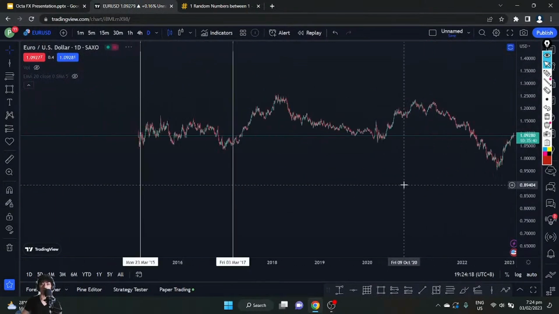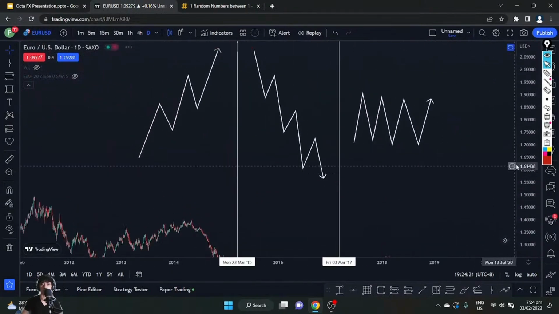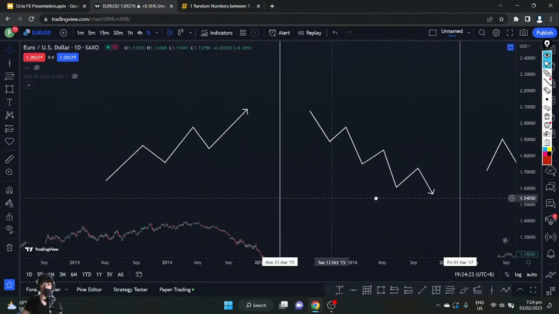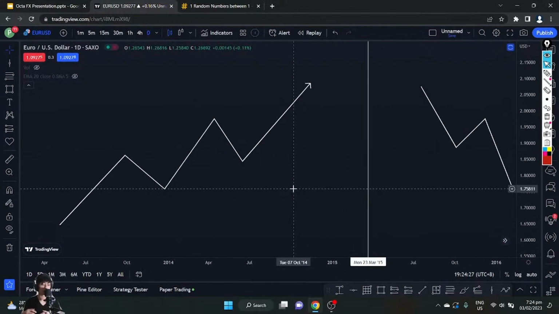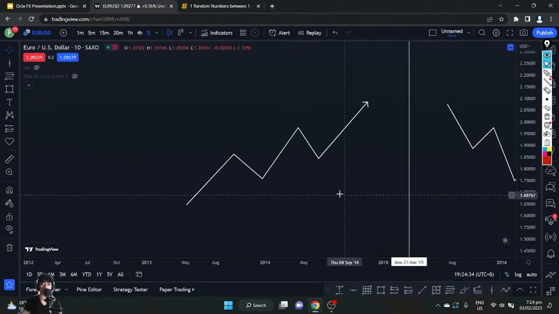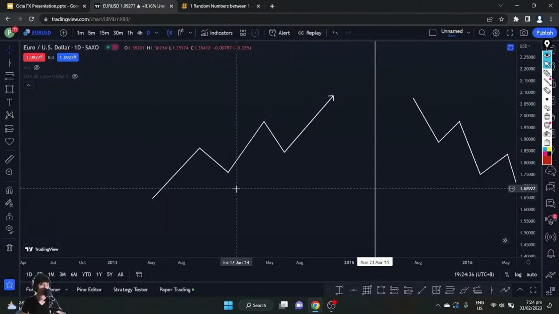So let me go back to my drawing earlier. Here, as we can see, the market structure, or the price whenever it is trending. In this case, we have an uptrend example.